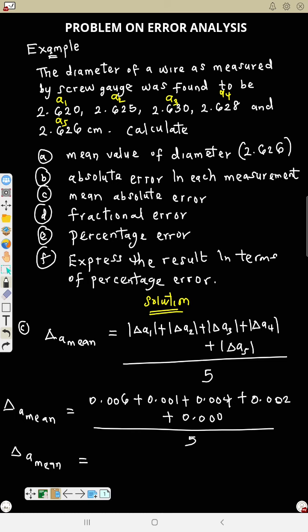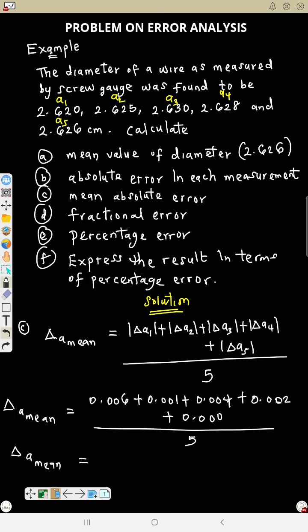We have 0.006 plus 0.001 plus 0.004 plus 0.002 plus 0.000.